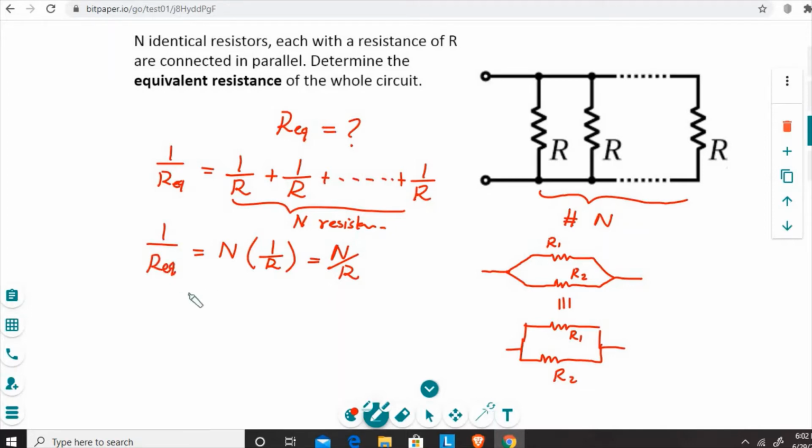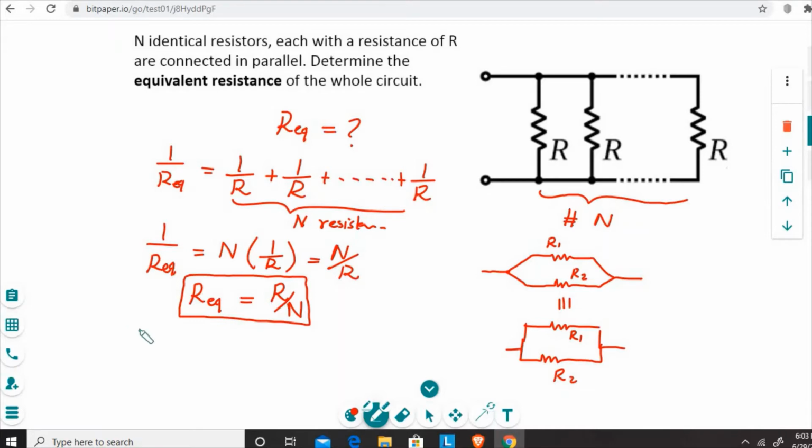So when I take the reciprocal of this, the equivalent resistance will be R divided by N. So you can see, if there are N identical resistors in parallel with one another, the way to find the equivalent resistance is to take one resistor and divide that by the total number of resistors connected in parallel.